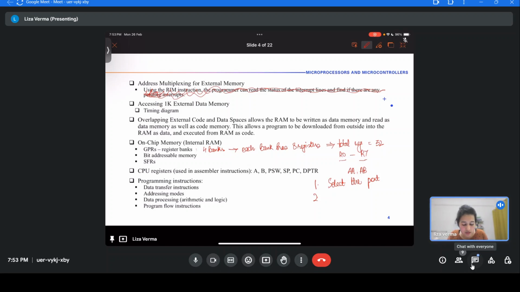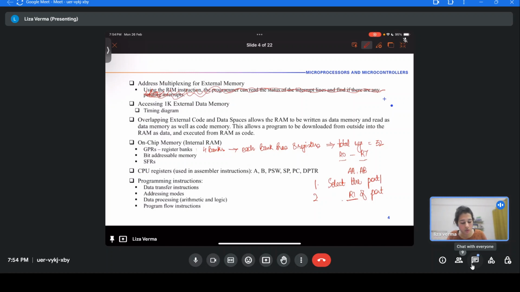Let's say you want to access R1 of port 1 and you had selected port 1 only. If you want to work on R1, you just need to write an instruction MOV blah blah blah comma R1, right? It will automatically understand which R1 you are talking about because you've already selected port 1.